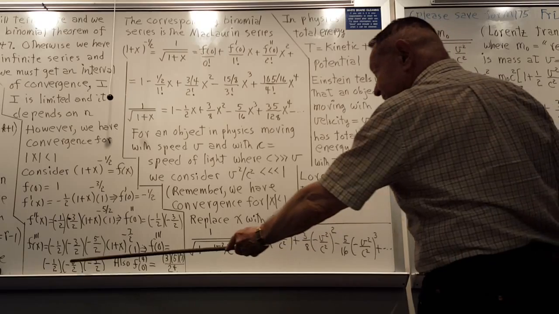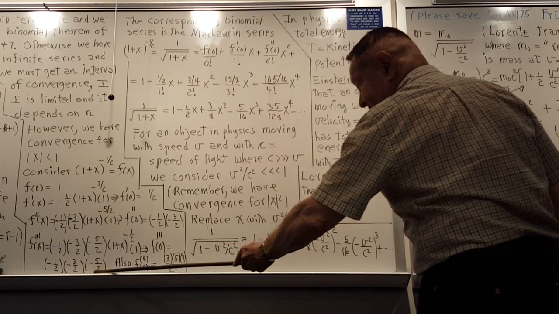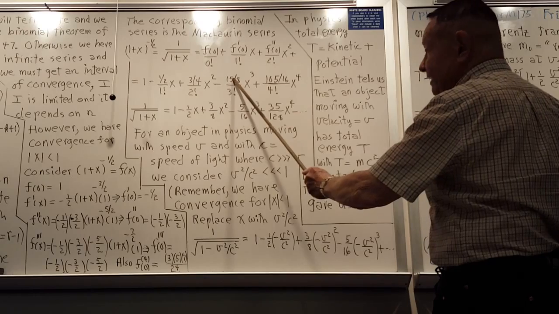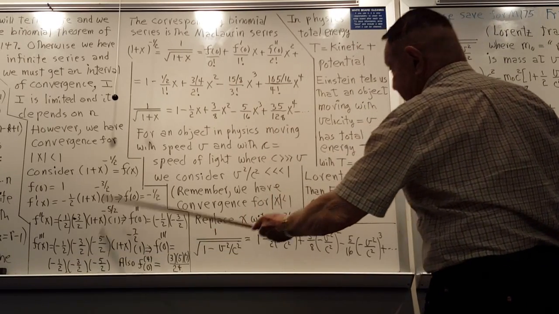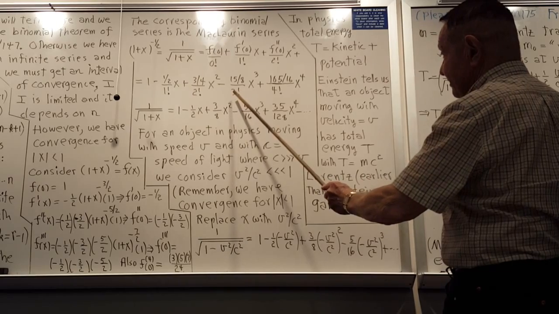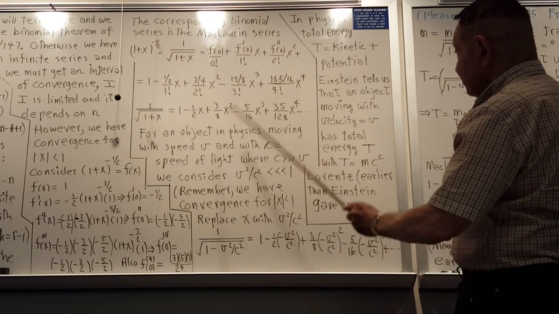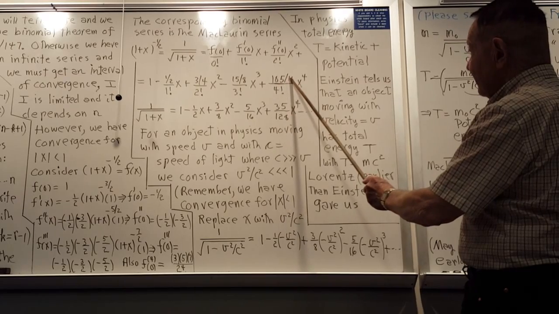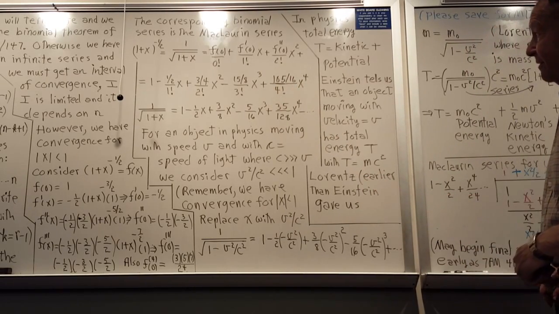The next one, the 3 times 5 and 2 cubed is 15 over 8, and odd number of minus signs, so it's minus, and then 3 factorial x cubed. Then this next one would be 105 over 16 over 4 factorial x fourth.